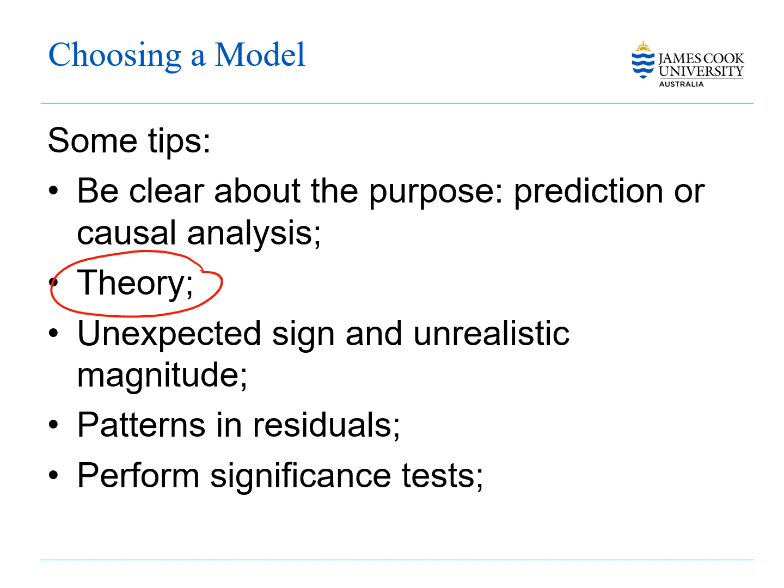If your regression ends up with unexpected signs, where the coefficient of x is expected to be positive but you get a negative estimate, or the magnitude is unrealistically big or unrealistically small, then this might hint that you have misspecifications in your model.